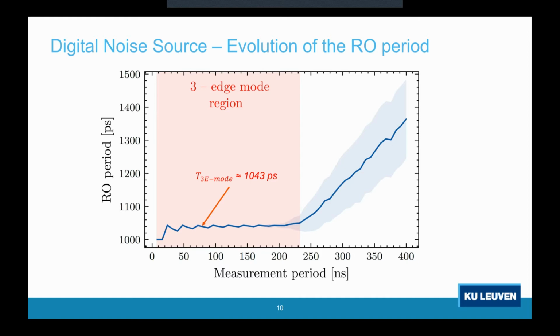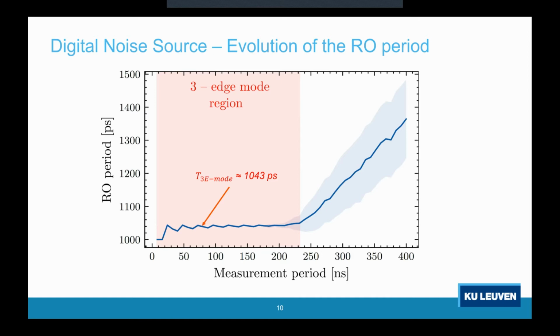So we observed that for periods under 56 nanoseconds and above 232 nanoseconds, we can either not reliably detect the period of the ring oscillator, or the ring oscillator exits the 3-edge mode.